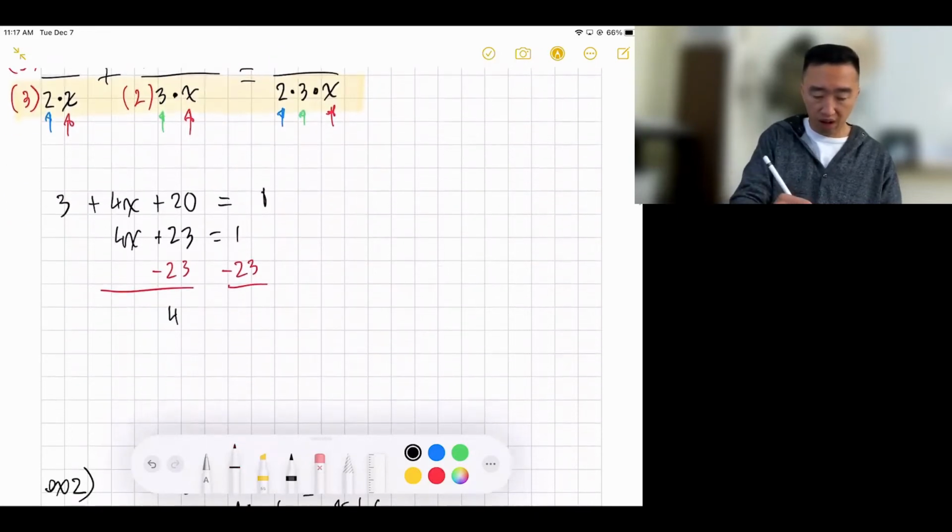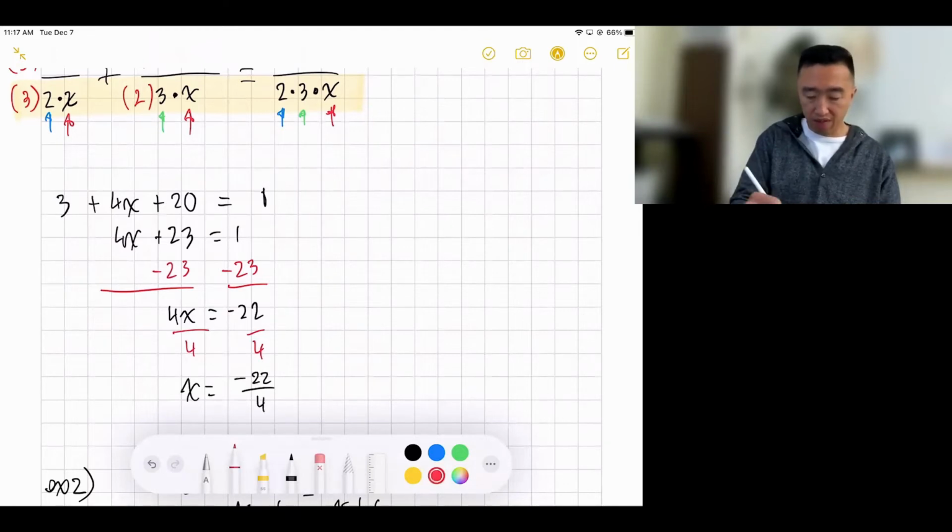So you have 4x equals negative 22, divided by 4 gives me negative 22 over 4, but it simplifies to negative 11 over 2. So that right there is your final answer.